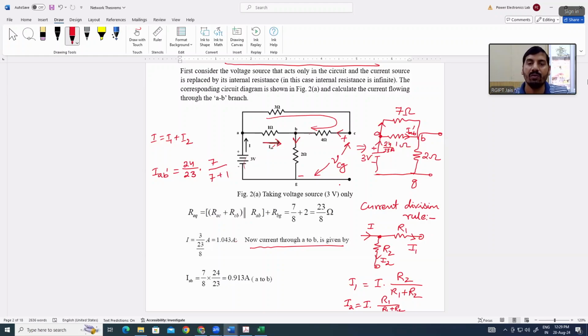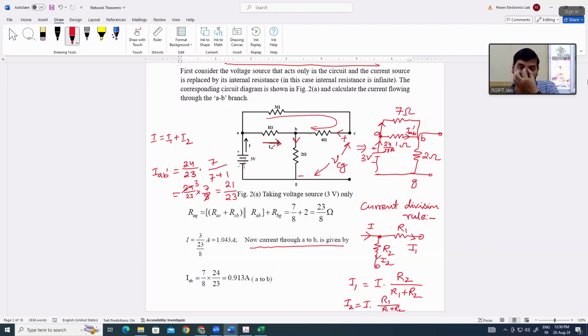So we have to calculate the value of current flowing through this branch also, means current flowing through this 4 ohm resistor. So we have calculated IAB dash is equal to 24 by 23 into 7 by 8, so 21 by 23.